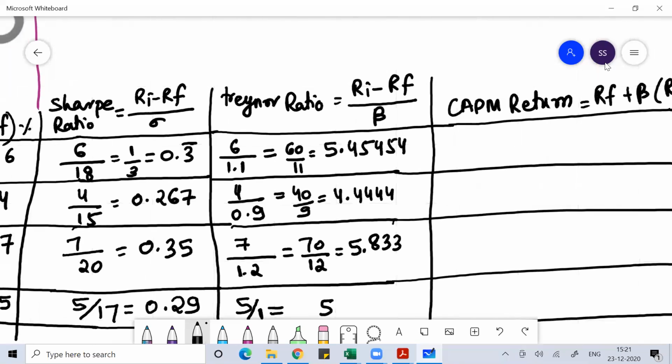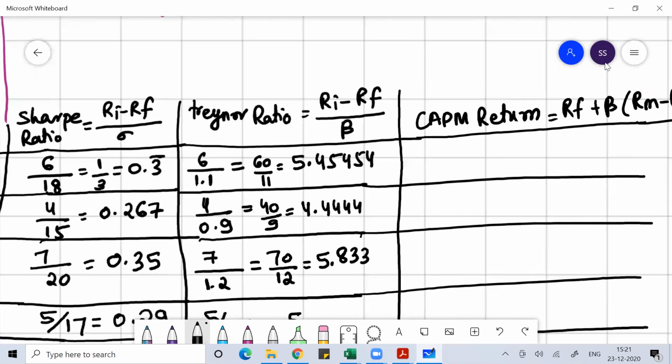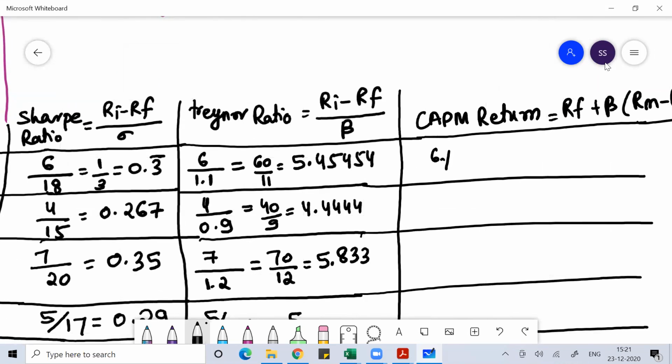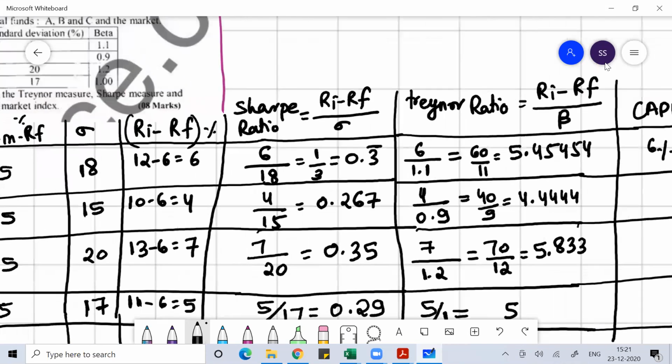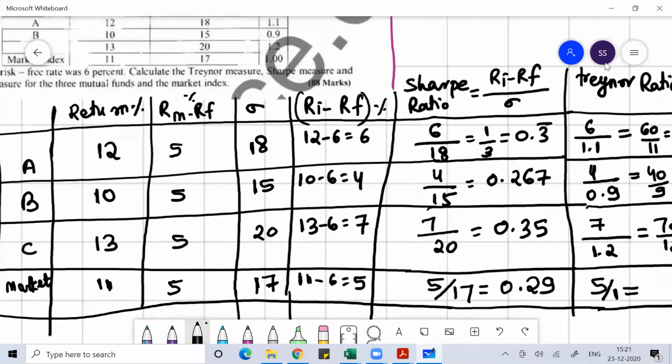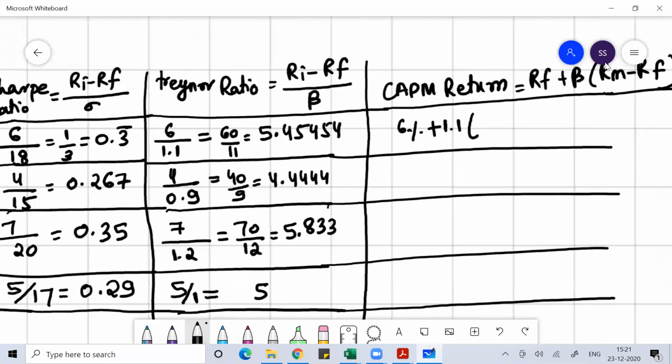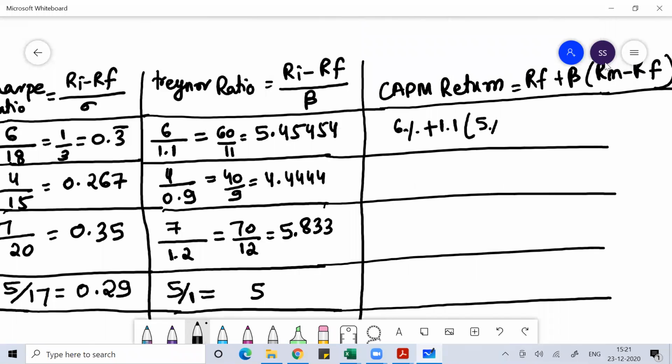So RF was 6%, plus beta. Beta of the first stock is 1.1. RM minus RF, you determine, is 5, 5 for everyone. So this is 6 plus 5.5, then it is 11.5.